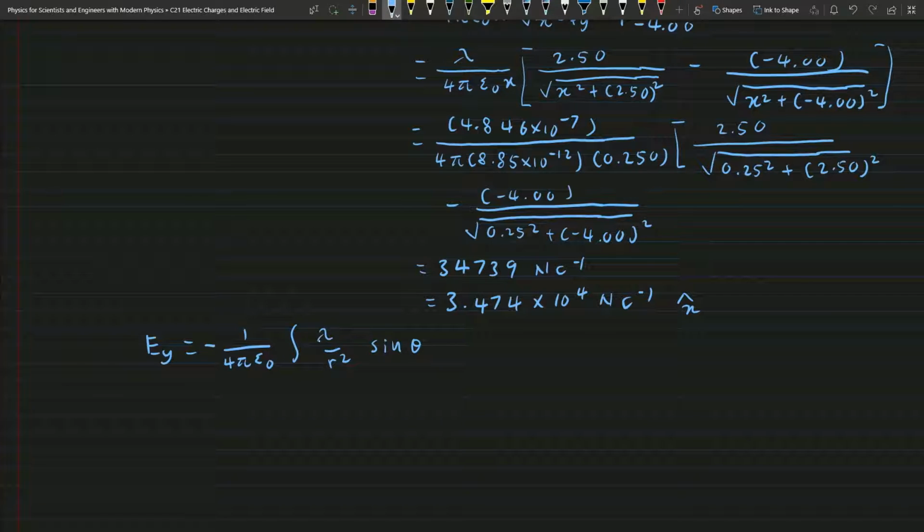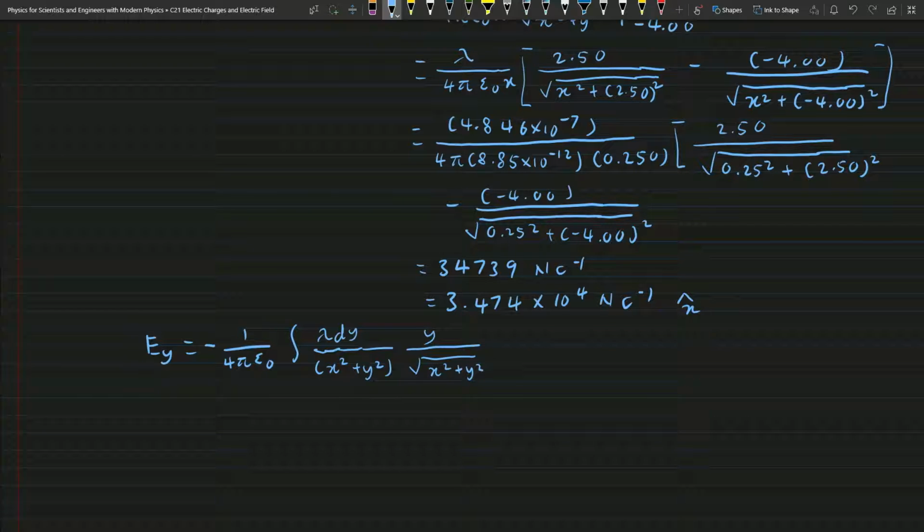So this is lambda dy, and r squared is x squared plus y squared, and sine theta will just equal the opposite over the hypotenuse, which is y over the square root of x squared plus y squared. This is r, and the limits are the same: L low and L max.